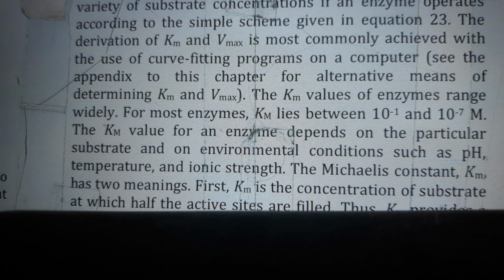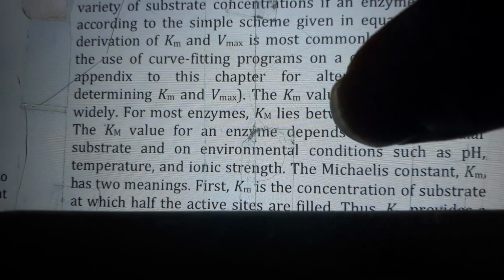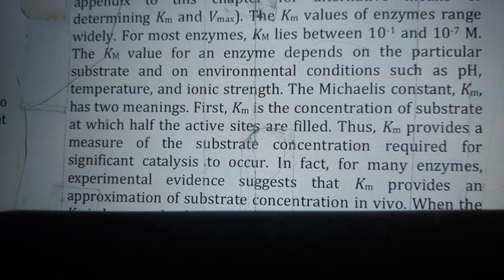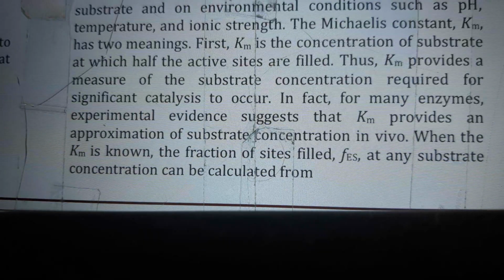If an enzyme operates according to the simplest scheme given in the equation, the derivation of Km and Vmax is most commonly achieved through the use of curve-fitting programs on a computer. Now, the Km values of enzymes range widely, between 10 raised to minus 1 and 10 raised to minus 7. The Km value for an enzyme depends on the particular substrate and environmental conditions such as pH, temperature, and ionic strength.